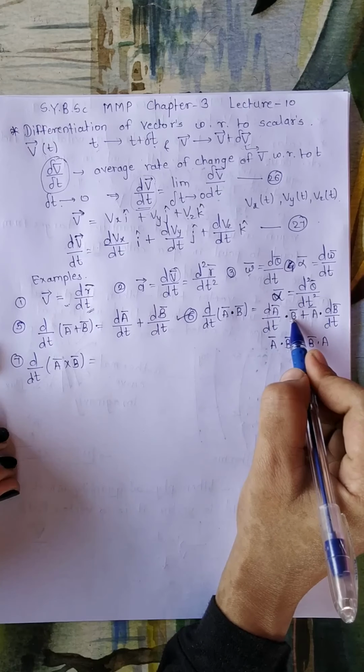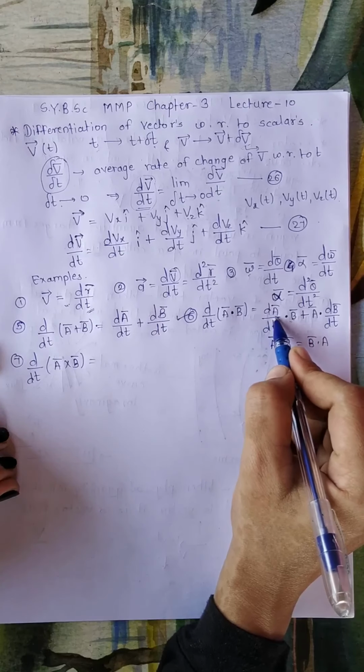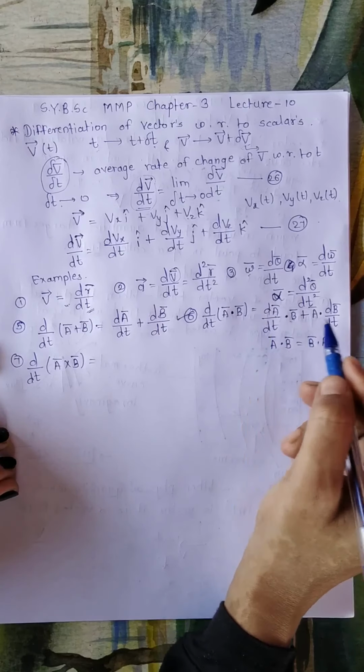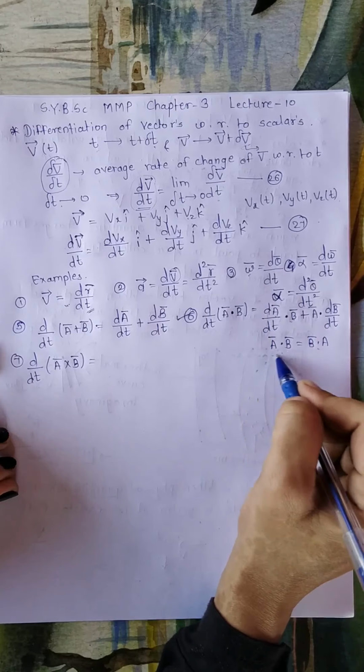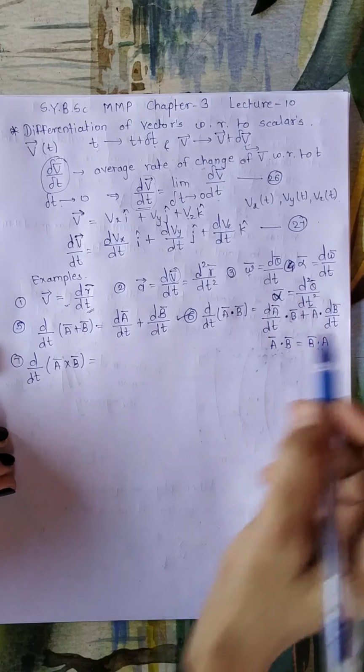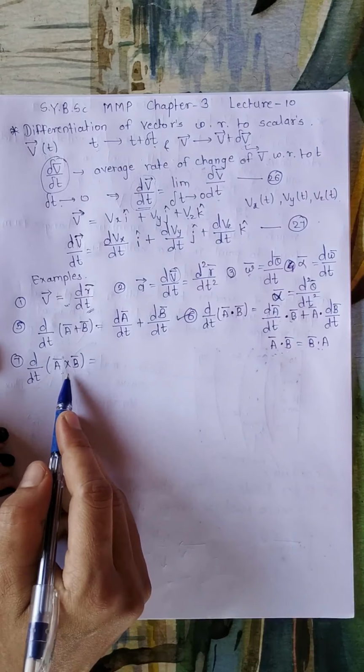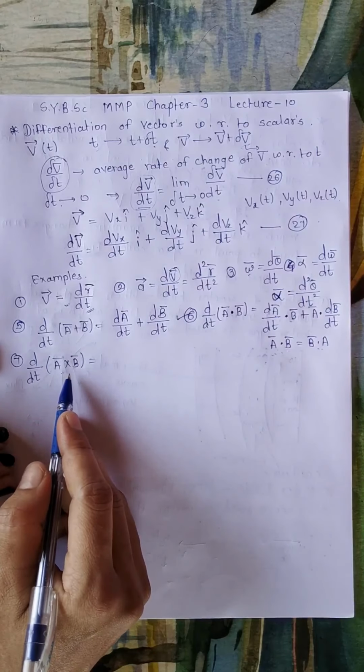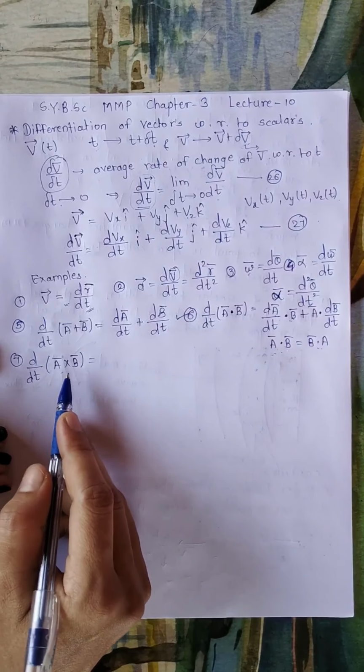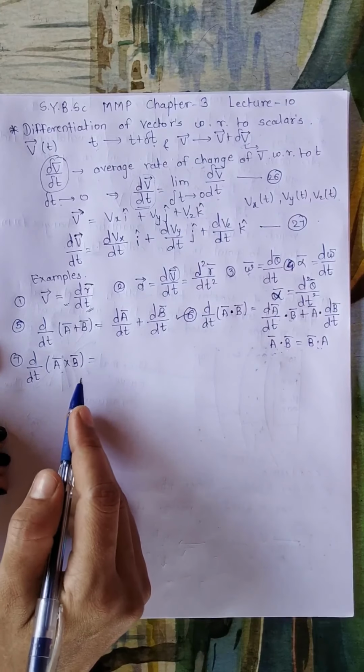But in the case of a cross product, since it doesn't obey the commutative law, you have to keep the order in mind.